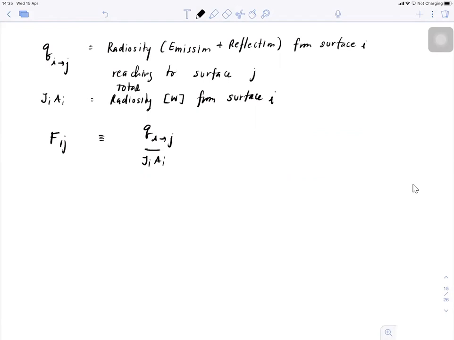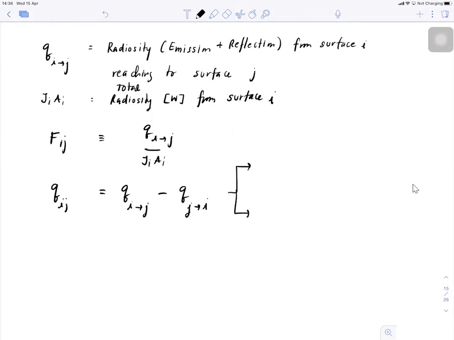Okay, and we talk about the Q_ij. Q_ij is Q_i to j minus Q_j to i. It's a radiation exchange.